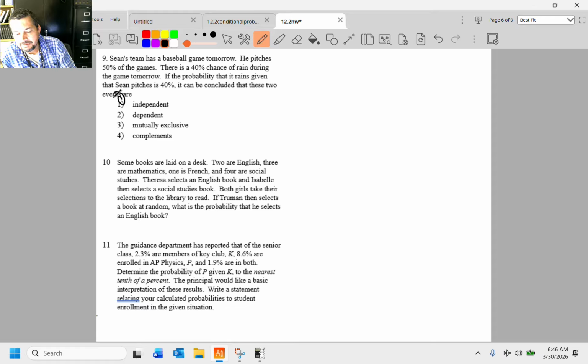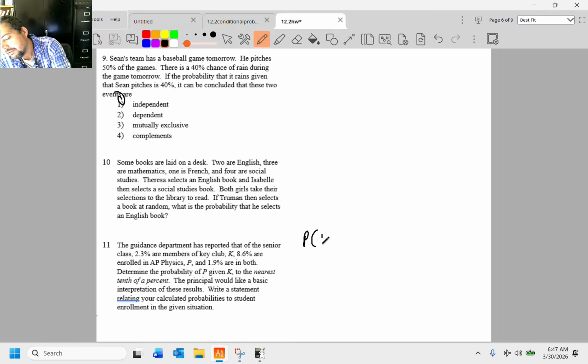Number 11. The guidance department has reported that of the senior class, 2.3% are members of the Key Club, K, 8.6% are enrolled in AP Physics, P, and 1.9% are in both. Determine the probability of P given K to the nearest tenth of a percent.